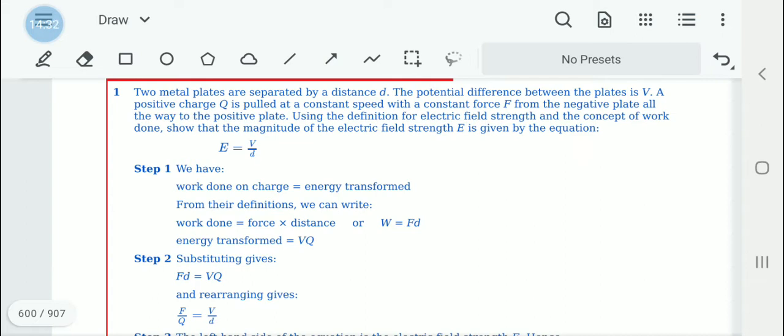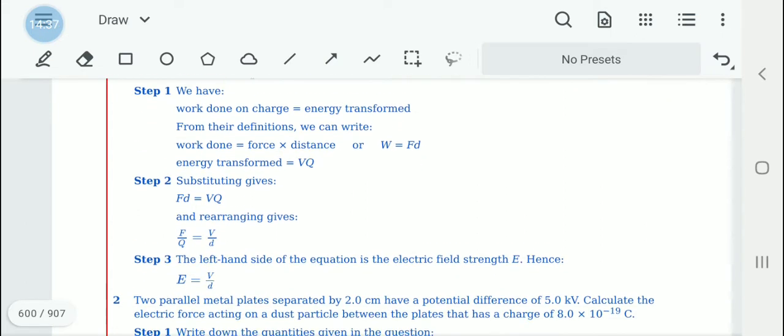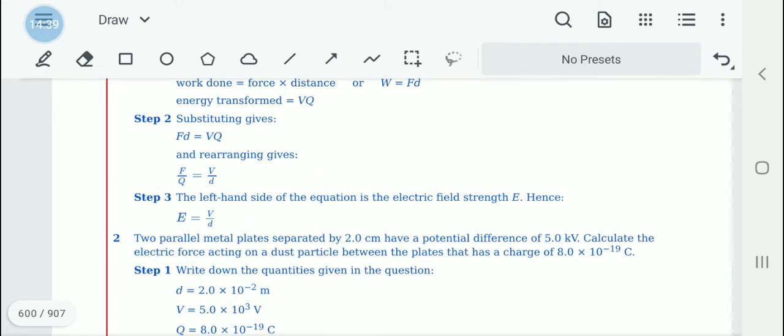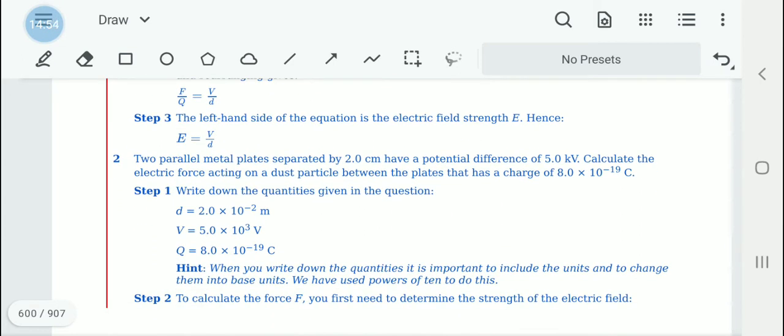So work done is equal to Fd is equal to VQ. Then from that we can obtain electric field strength. F upon Q is force over charge. We discussed that earlier. F upon Q is equal to V upon d, and that way we have proved it.